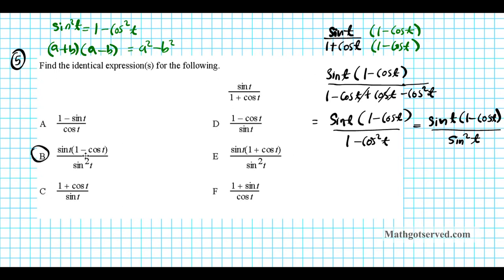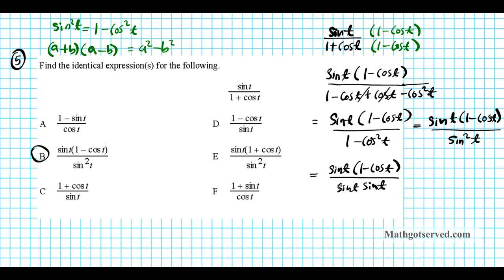Okay, well, let's go ahead and simplify it a little bit more to see if we can get more matches. Let's see. Oh wait, we can break this down. This can be written as sine t times 1 minus cosine t divided by sine t times sine t.